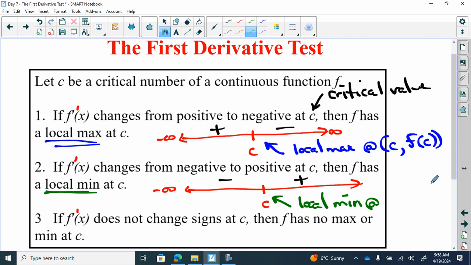And if you wanted to figure out the height of your local minimum, you would take that x value, whatever c happens to be. It could be a 2, it could be a negative 5, but you would plug it back into the original to get the height, and that would be the height of your minimum.